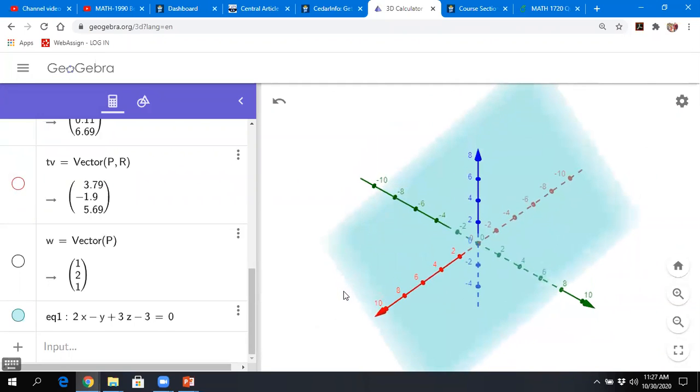Now, one thing that I will point out is it's often easiest to come up with points by plugging in two of the coordinates to be 0 and figuring out what the third has to be. So for instance, if I plug in 0, 0 for x and y, what would z have to be? 1. So in other words, (0, 0, 1) is a point on the plane.